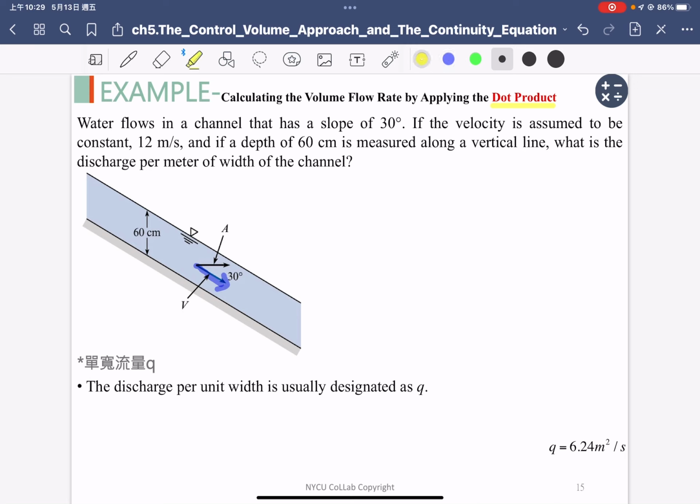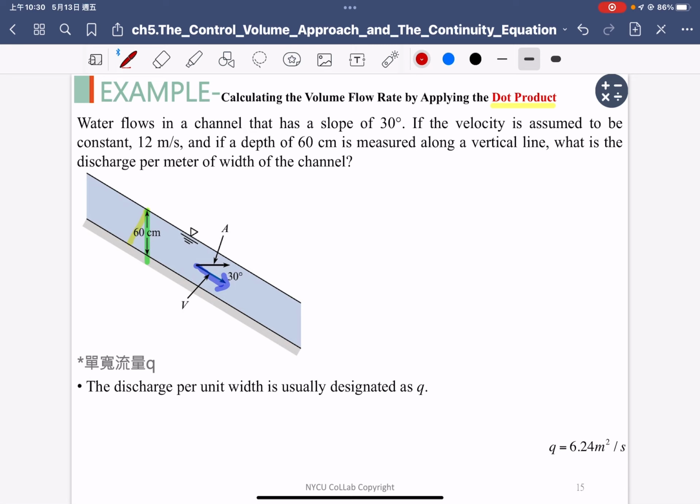But if you double check the cross-section area, its normal vector is not directly parallel to the flow direction. So your true cross-section area is along these directions. So it's not parallel, so you need to use the dot product to compute the answer.